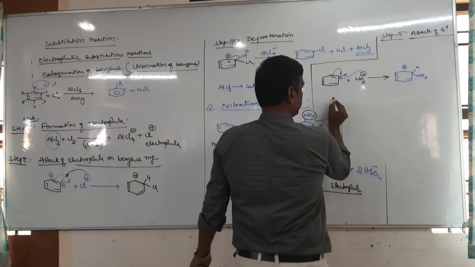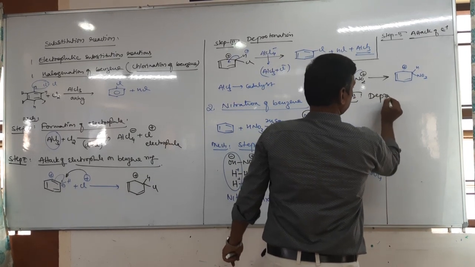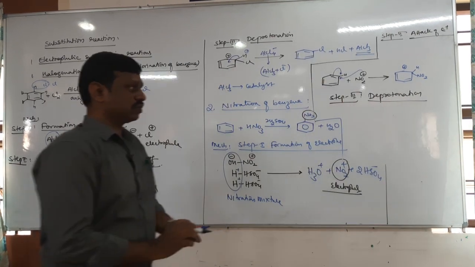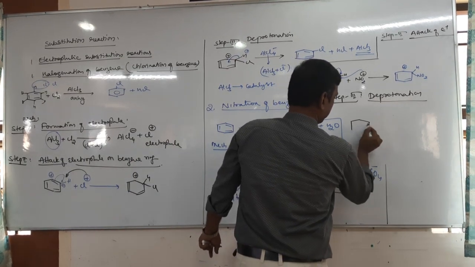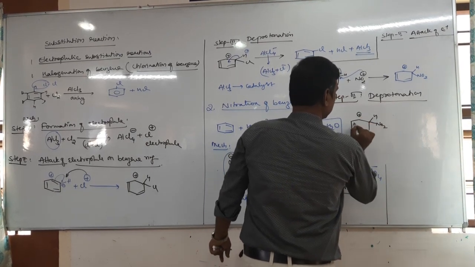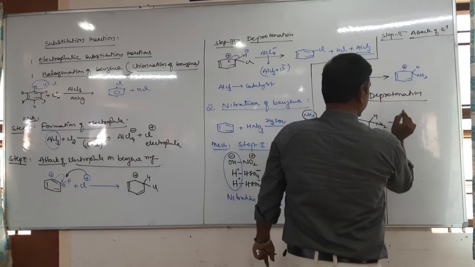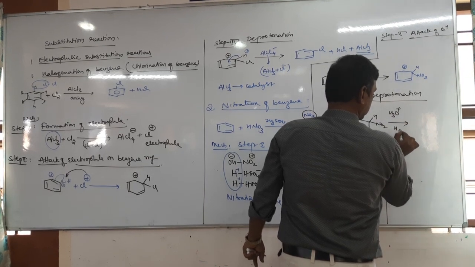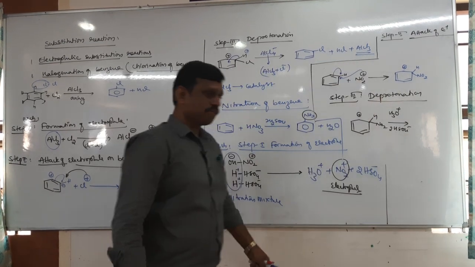Next is step 3, deprotonation. In deprotonation, let us take the benzene ring having positive charge. Now this is in the presence of H3O plus and 2 HSO4 minus.